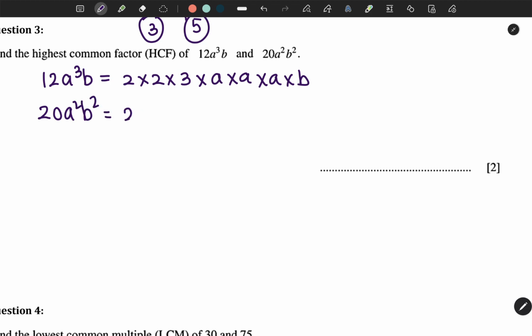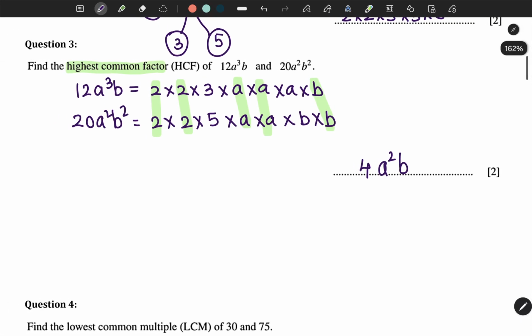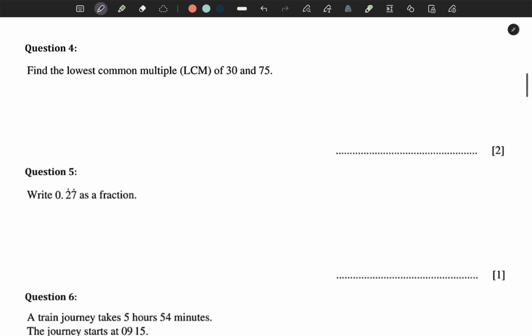Again, write 20 as a product of prime numbers, which is 2 times 2 times 5. You have 2 a's and 2 b's. After writing this, because it is the highest common factor, just find out the common ones. We get 2 times 2, that is 4, a twice and b once. So 4a squared b would be the highest common factor of the given two numbers.